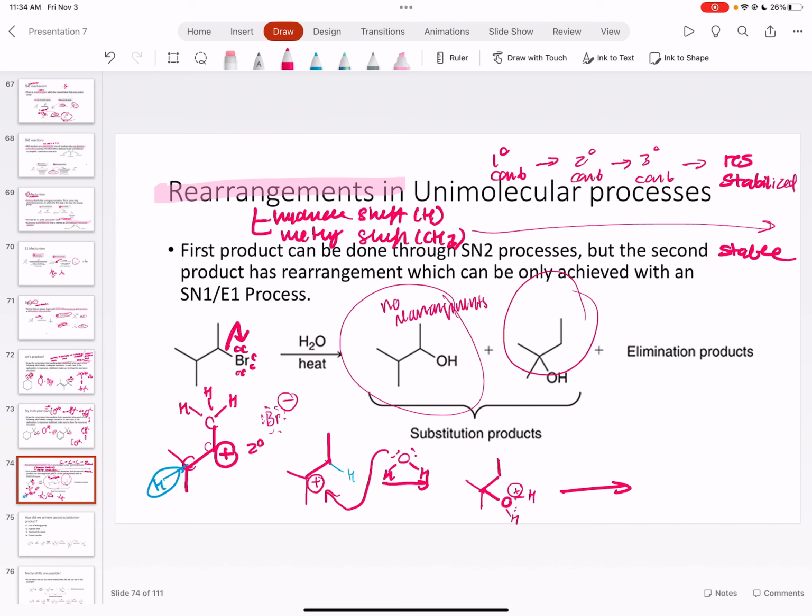And then we have our add-on step. That add-on step was the one that removed a hydrogen from that positive product that we got, which is just making it more stable. So it's just an add-on. It's kind of like a hidden third step. So that's how we're able to get the second product as well.